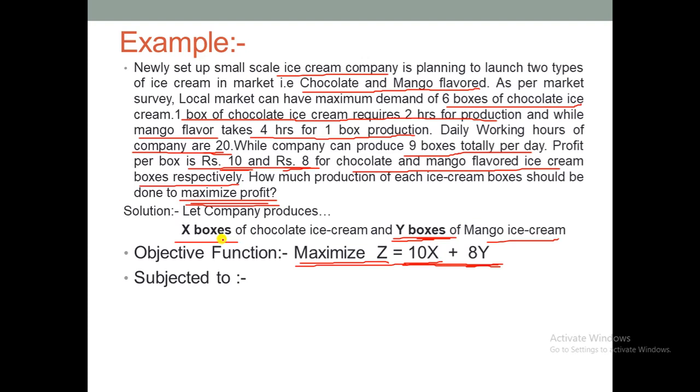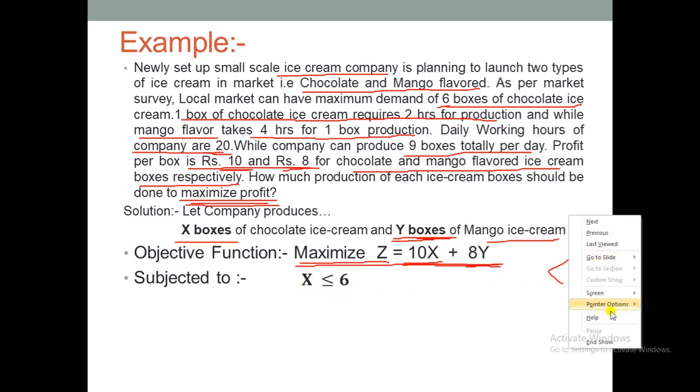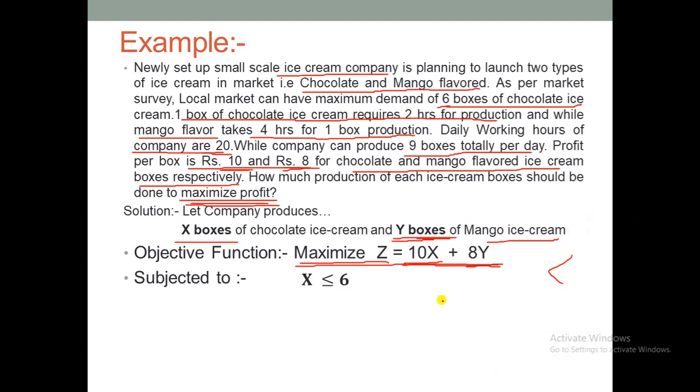So the value of x can be maximum 6 or less than that. So x should be either equal to 6 or less than 6, because the market can accommodate only 6 boxes. So this is the first constraint equation. It is very simple to get.